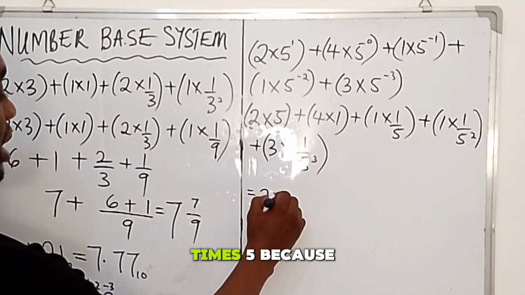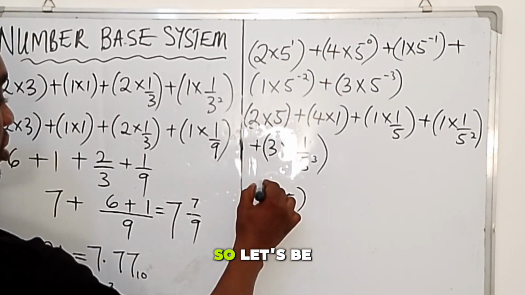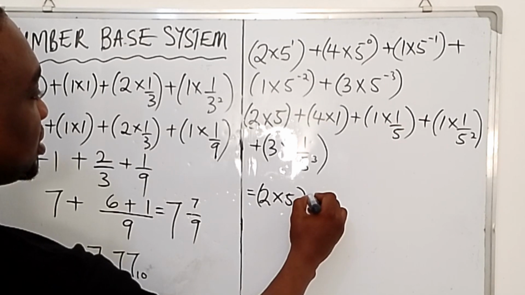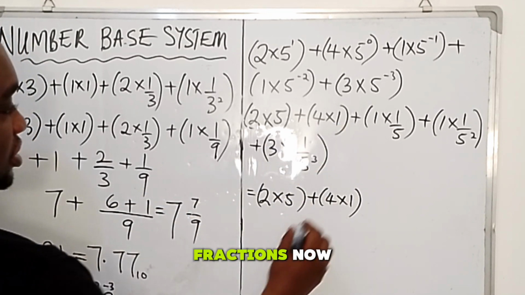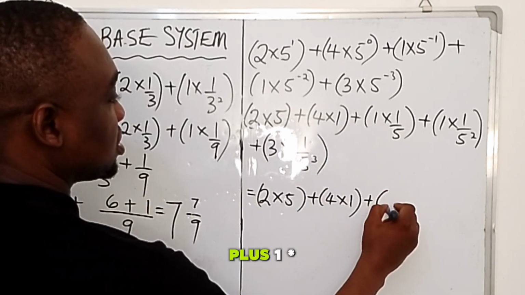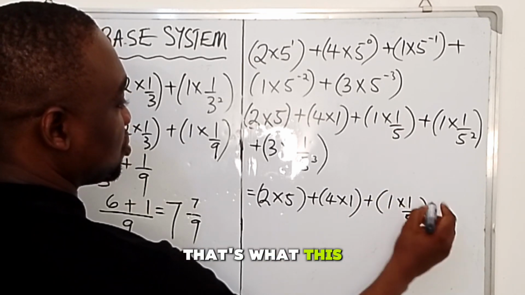I have 2 times 5 because I need to open up what 5 to power 3 is. So let's be patient again. Plus 4 times 1. I'm all out for the fractions now. So we have plus 1 times 1 over 5. That's what this one is.